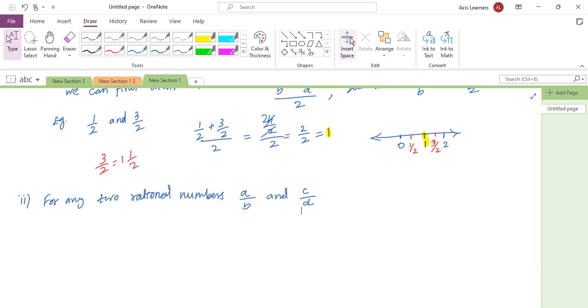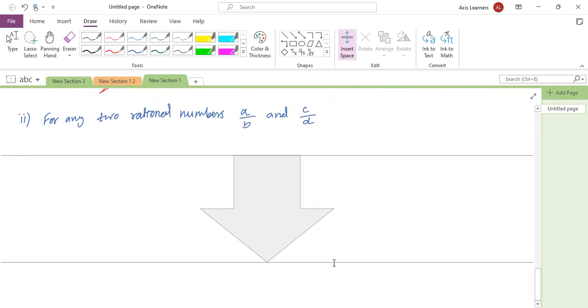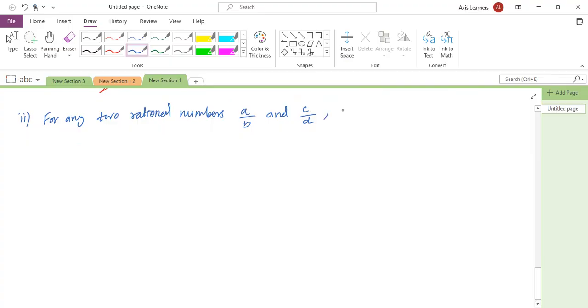In this method, we are going to add numerator and denominator separately, where a by b is less than c by d. Okay, in this case a by b less than c by d is given, right? So in between these two numbers a by b and c by d, we can add numerator plus numerator, denominator plus denominator. So we can find another number in this way.